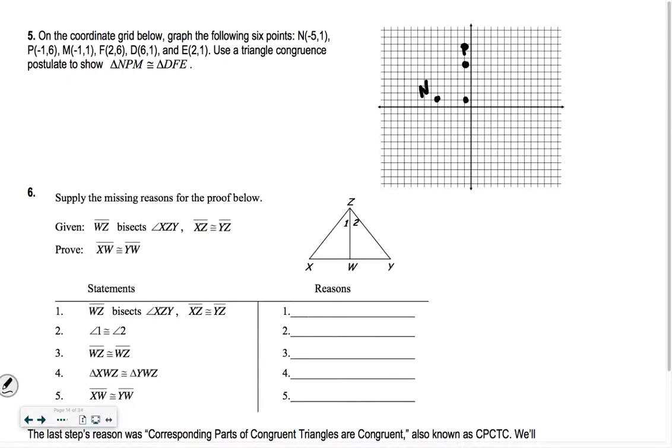Got a lot going on here. D, which is 6, 1. And E, which is 2, 1. So N, P, M. It says use a triangle congruence postulate to show that NPM is congruent to DFE.